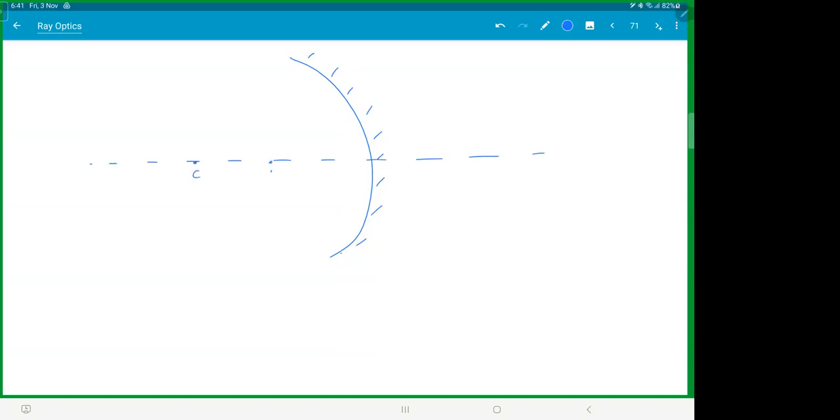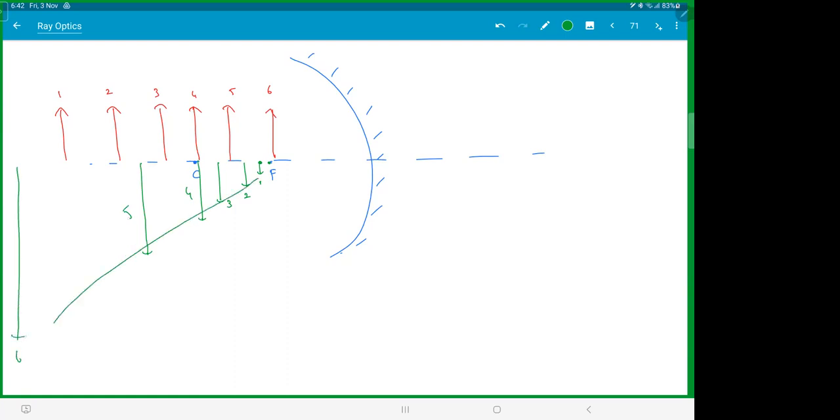Let's say this is center, this is focus. In this case, this would blow off.